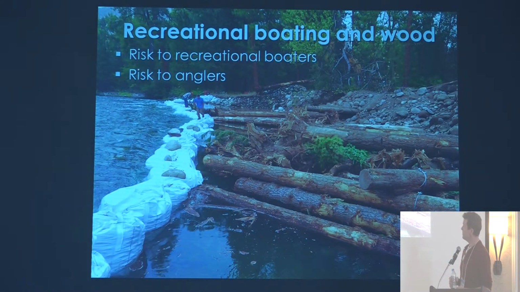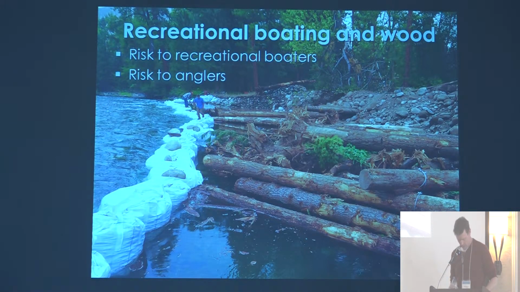And lastly, especially out west, there's been a lot of to-do about recreational boating and the risks of large wood to recreational boaters. Kayakers get trapped up on log jams naturally and drown or get into trouble and need to be rescued.